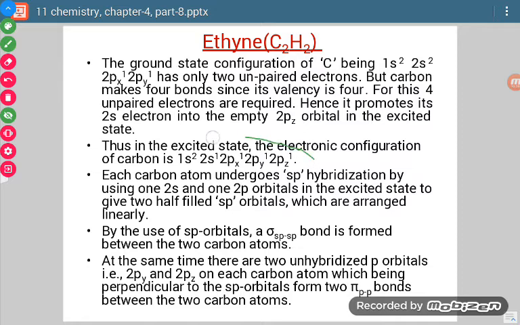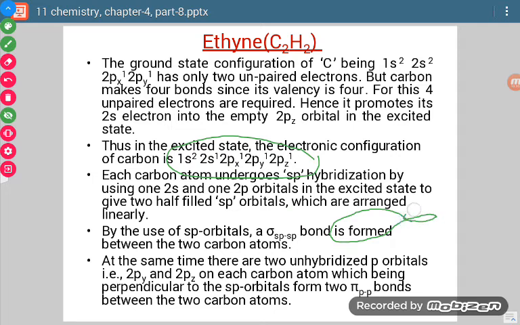So when a carbon atom undergoes sp hybridization, it forms two sp hybridized orbitals and there is presence of two unhybridized orbitals. So how can we represent this?